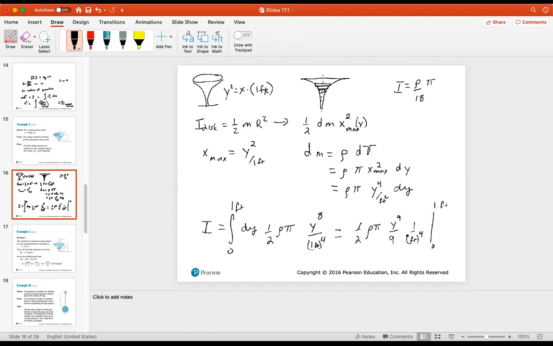And if you're keeping track of the factors of feet, I've got feet to the 9th divided by feet to the 4th, times feet to the 5th. And then when I substitute in rho equals 5 slugs per feet cubed, this becomes 5 pi over 18, and you get slugs feet squared. All right, let's compare this to what the book had.